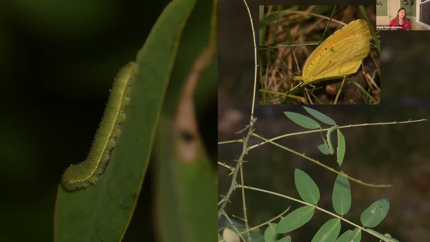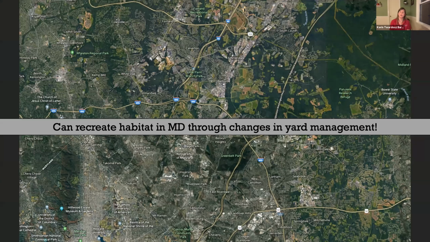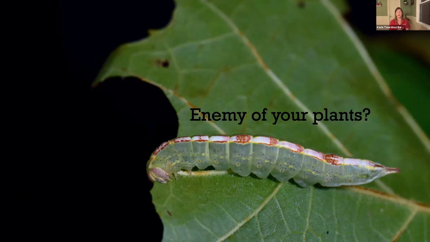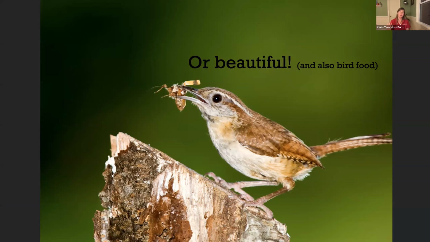These are all really cool creatures that you can bring into your yard by creating habitat through changes in yard management. I hope I have made the point that these guys are not necessarily the enemies of your plants. They're beautiful, and they're also bird food and do important ecosystem services for us as humans.